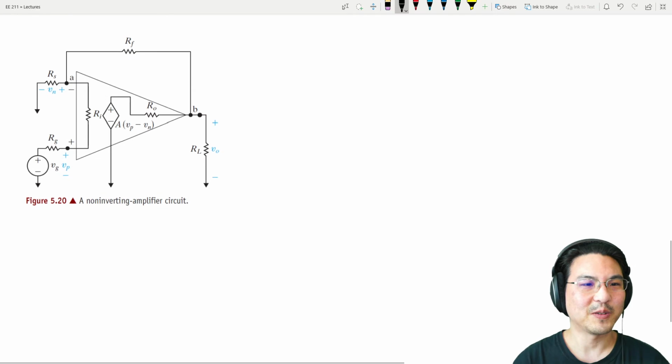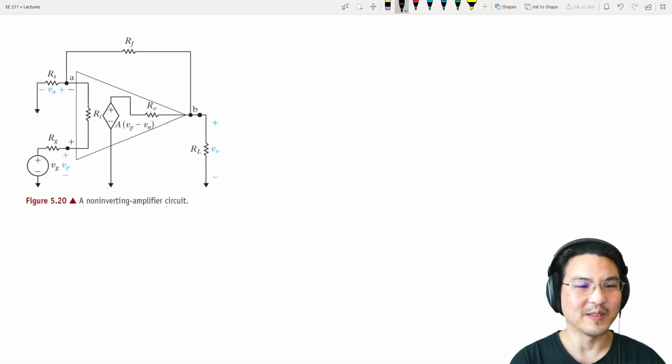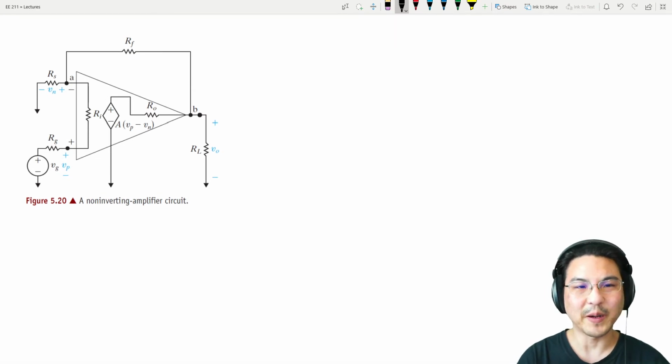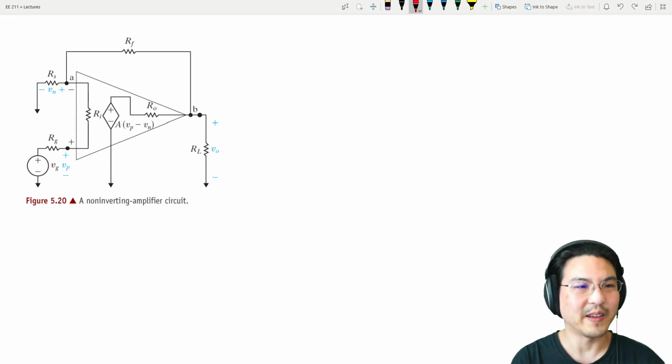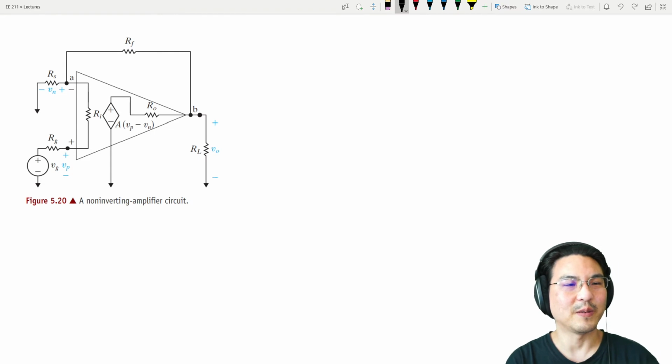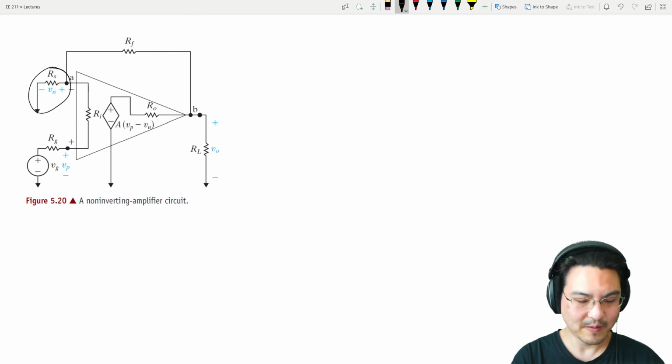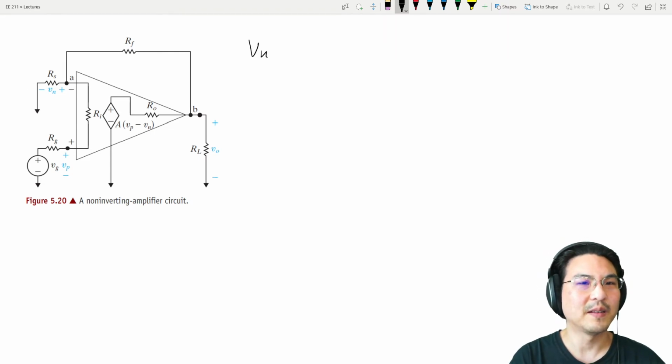Okay, let's try one more application. So this is the non-inverting amplifier. So let's look at this node right here, node A. So let's do KCL at node A. So if we find the current this way, Vn minus 0 over Rs.